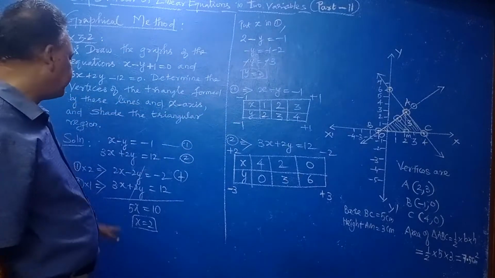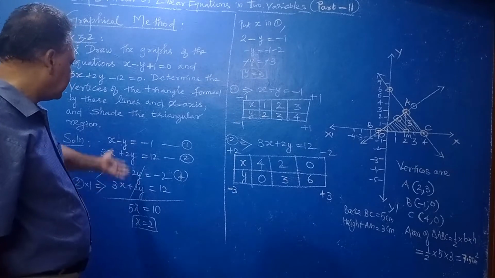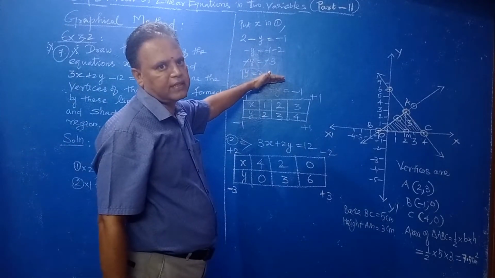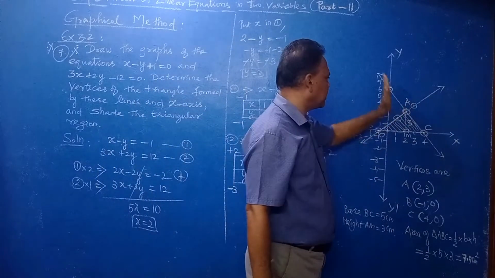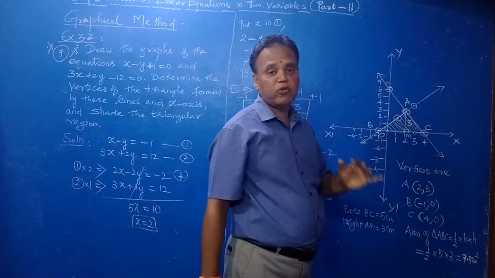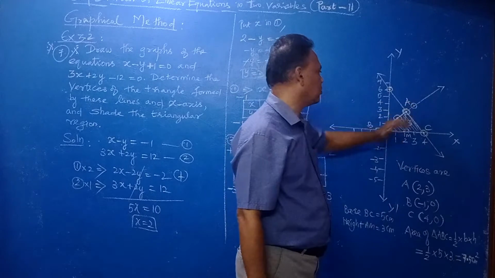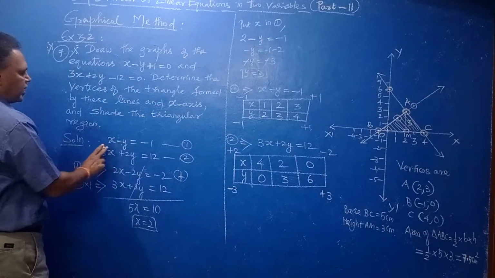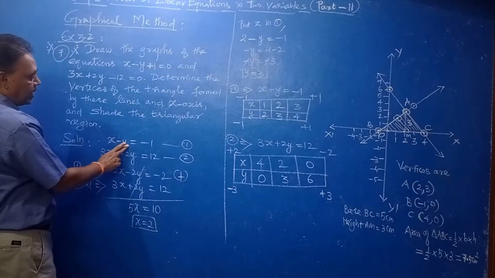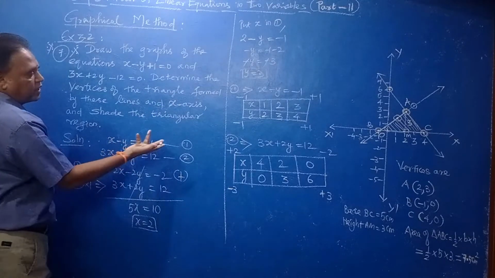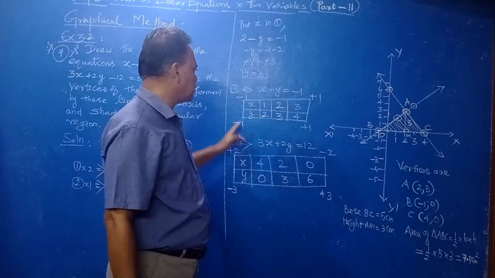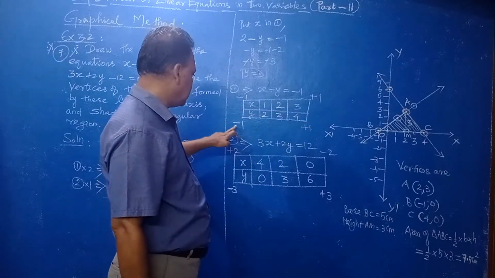So elimination method we know already. From this you find one correct solution. The two lines intersect in one point, that is the unique solution. You can verify this also: (2, 3), 2 times 2 minus 3 is 1. So that is a sure solution. Then you can find other solutions using this method.